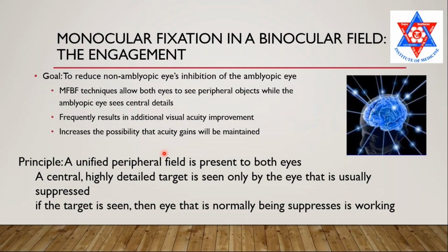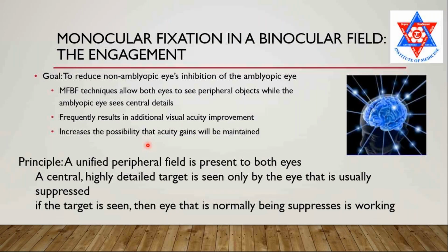In these MFVF procedures, the goal is to reduce the non-amblyoptic eye's inhibition of the amblyoptic eye, and the MFVF techniques allow both eyes to see peripheral objects. The amblyoptic eye can only see the central details, and this frequently results in additional visual acuity improvement and other visual efficiency skills improvement, and it also increases the possibility that the acuity gains we have made will be maintained for a long period of time.